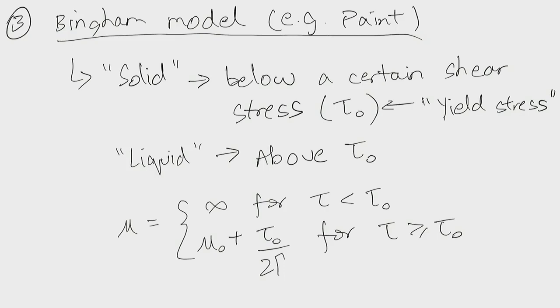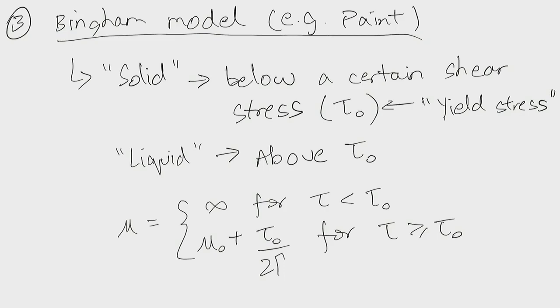And so here we don't have n like we had in the previous two models. So what do you think is the Newtonian limit here? When would you approach the Newtonian limit? Yeah, but if the yield stress is equal to 0, that's not really meaningful, right? There's no motion. If there's no stress applied, there's no motion. It's when the rates of strain are really high, right?